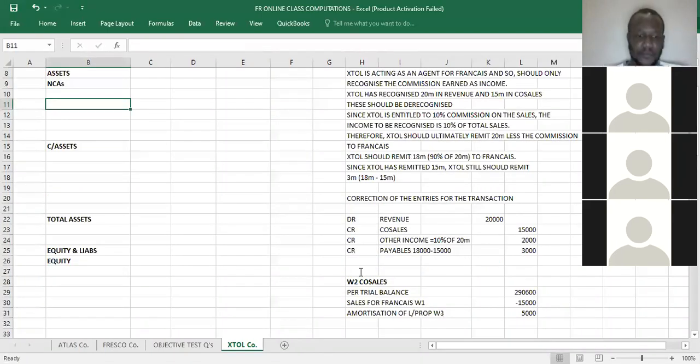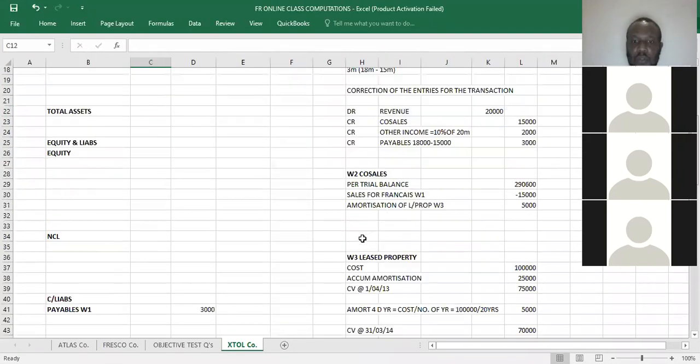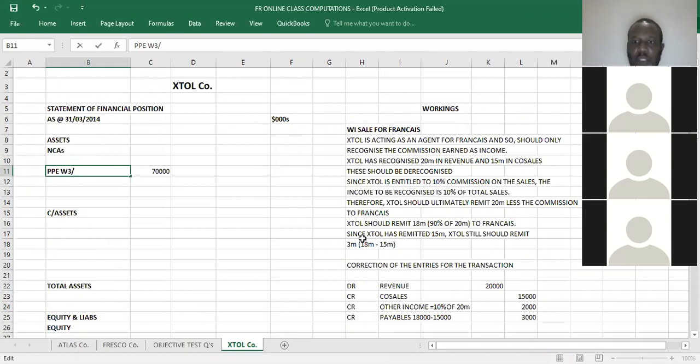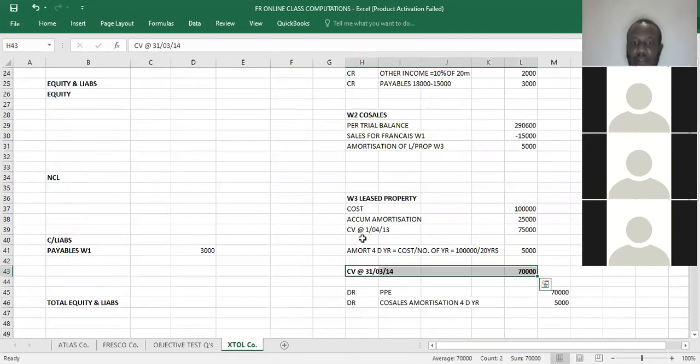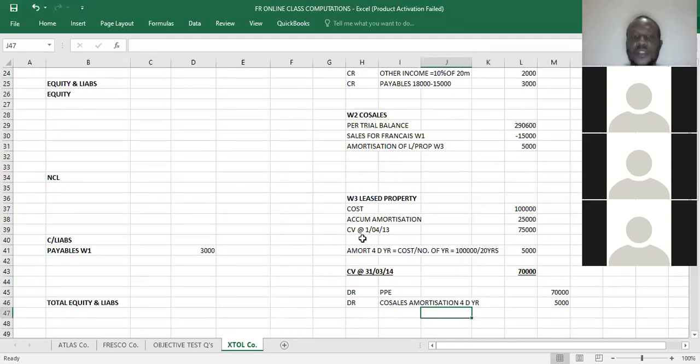So we have PPE and we have, okay, the plant is depreciated at 12% on reducing balance. It's 12 and a half. You said 12%. It's 12 and a half percent.